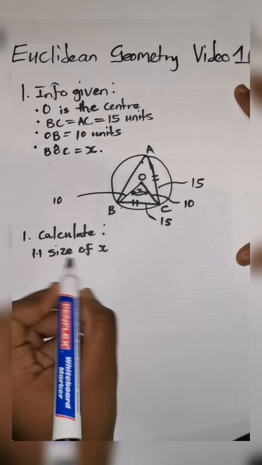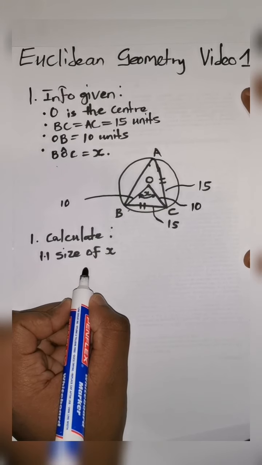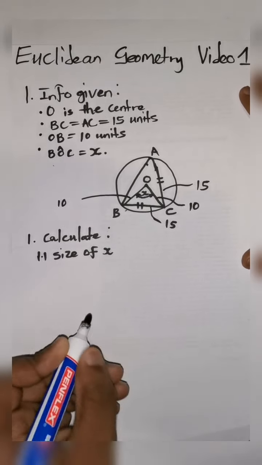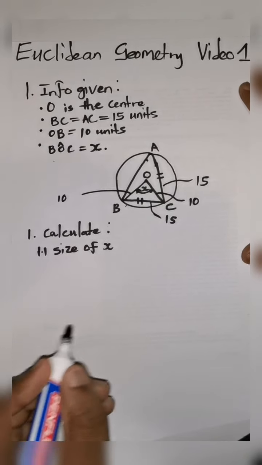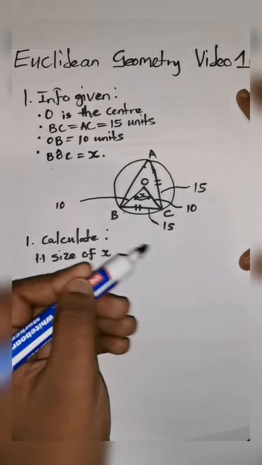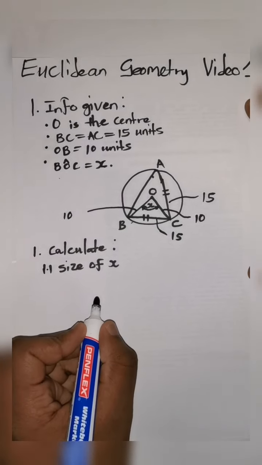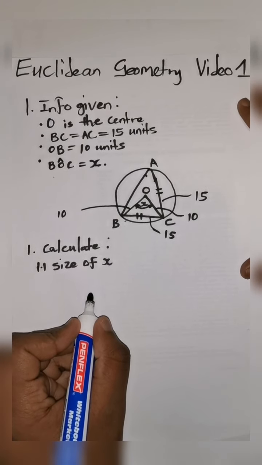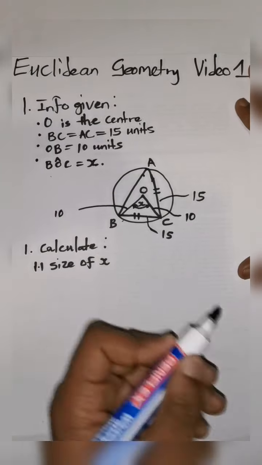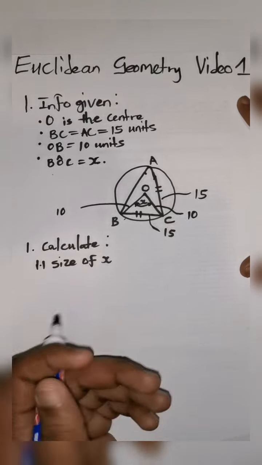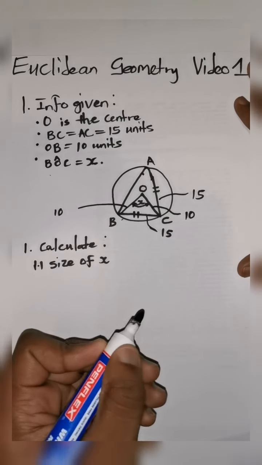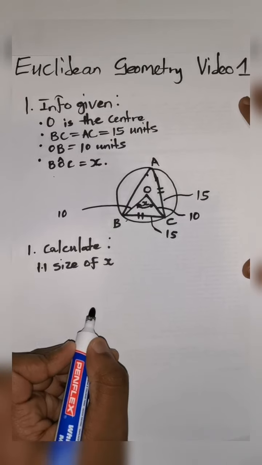Okay, so for our first question, we're asked to calculate the size of x. When dealing with Euclidean geometry questions, it's always good to look at the diagram and check all the information you can extract from it. We're not going to use all the information in one go, but it's good to analyze first and understand the question clearly.